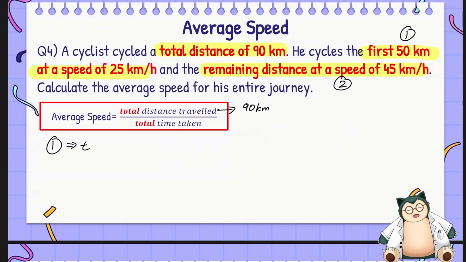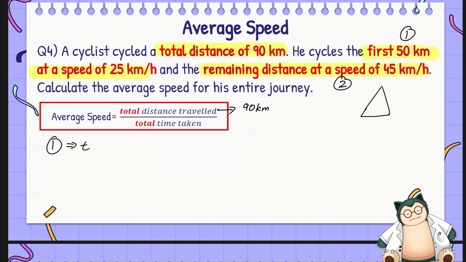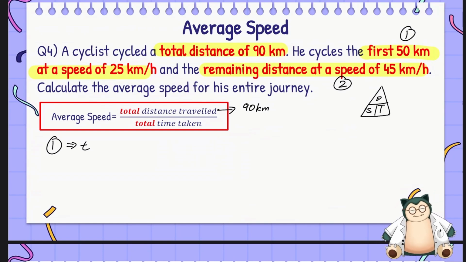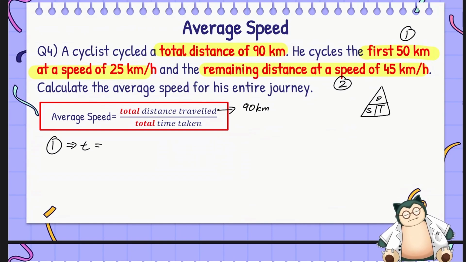Alright, if we recall our triangle, speed, distance, time. If you want to calculate time, it will be the distance divided by the speed. So the time for the first part will just be 50 divided by 25. This will give us 2 hours.